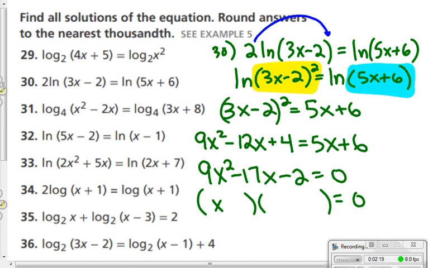Something x times something x makes 9x squared. I know I need a plus and a minus to make the negative 2. And there aren't really many options to multiply and make negative 2. So I'm going to throw a positive 2 and a negative 1 there. The only other option would be if the 1 was here and the 2 was there.